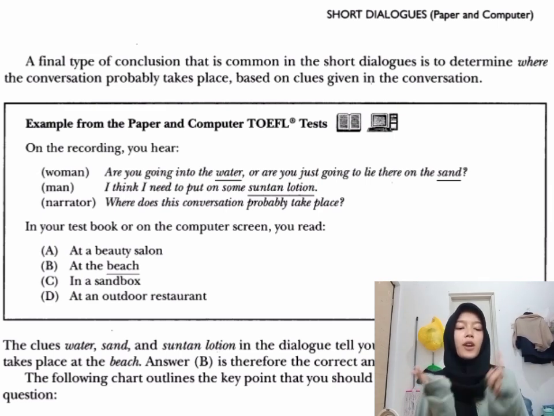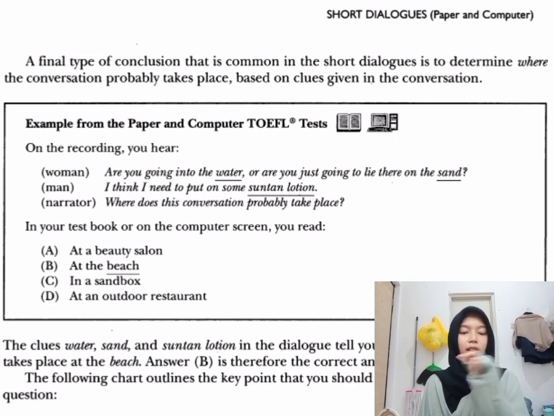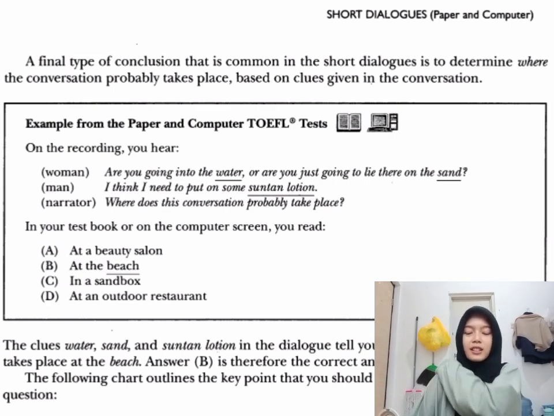We have water, and then we have sand here. The words that have a line below: water, sand, and suntan lotion. When we have water, sand, and suntan lotion, it is probably a pool or maybe a beach. We don't know yet, guys.